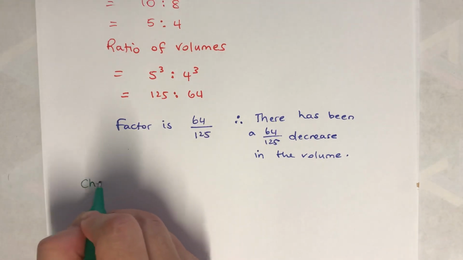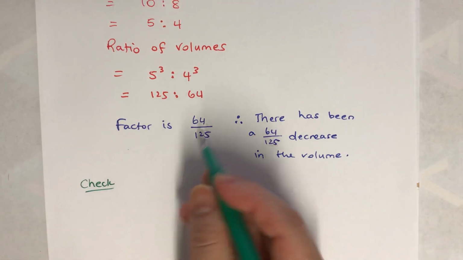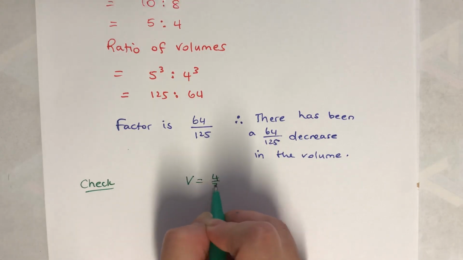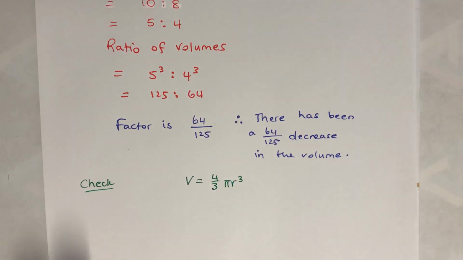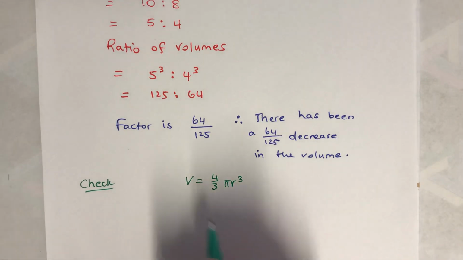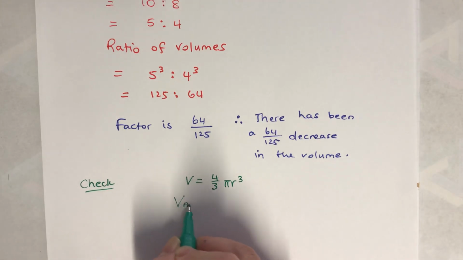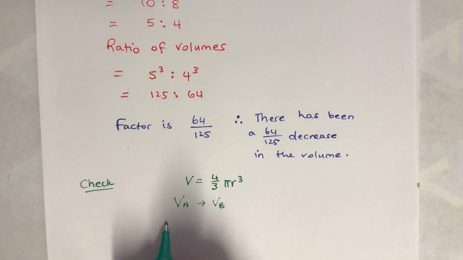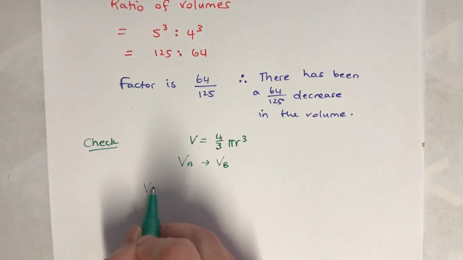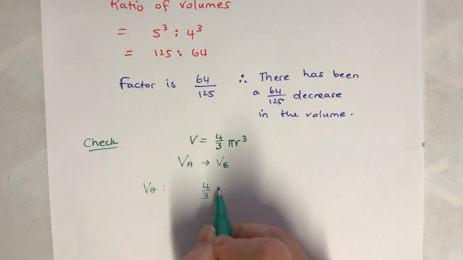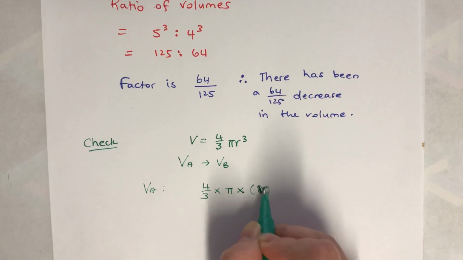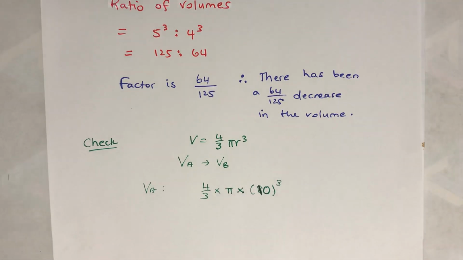The formula for the volume of a sphere is 4 over 3 pi r cubed, going from volume A to volume B. Volume A will be 4 over 3 times pi times 10 cubed, because sphere A is bigger.